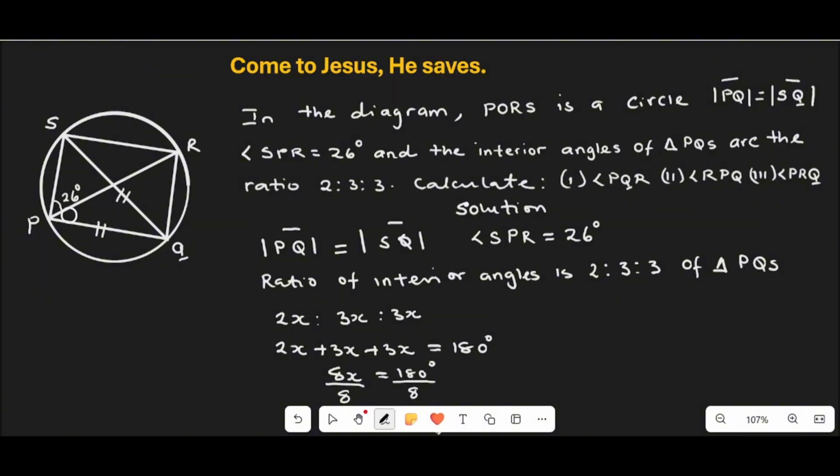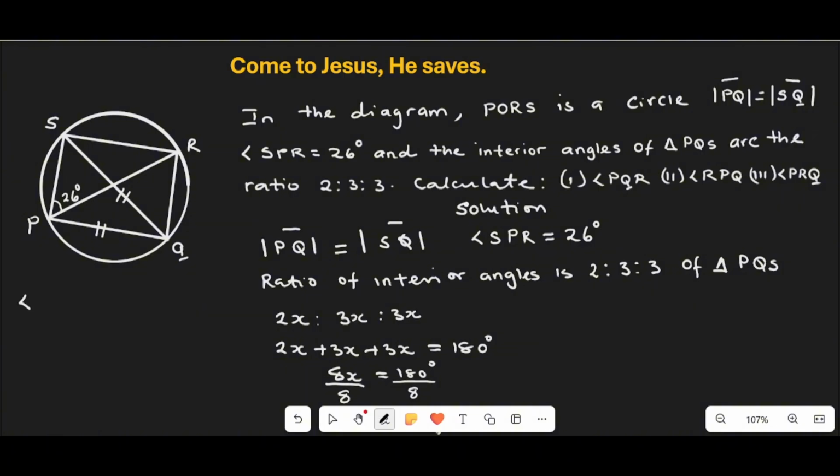So angle QPS and angle QSP will be 3x because they are equal to each other.